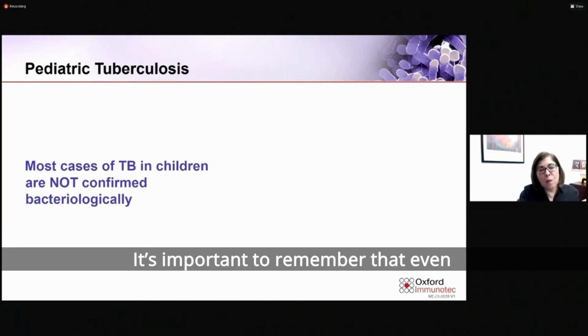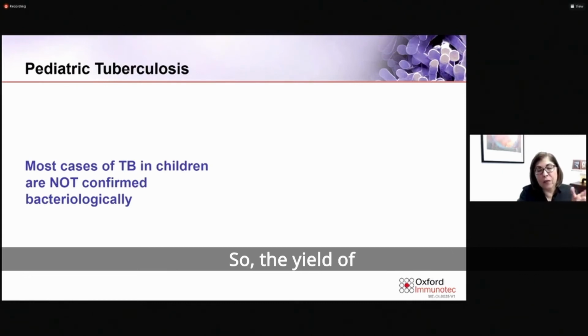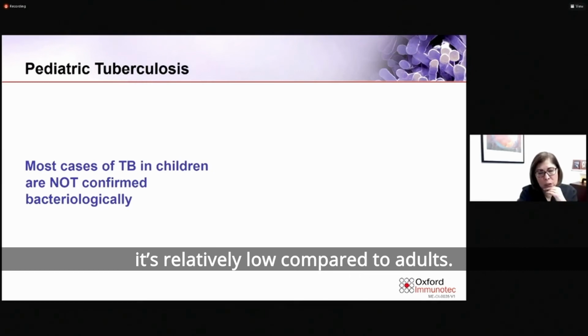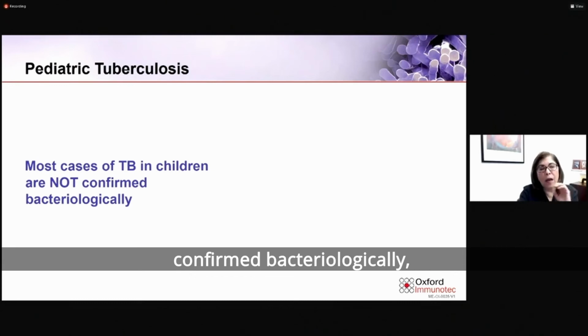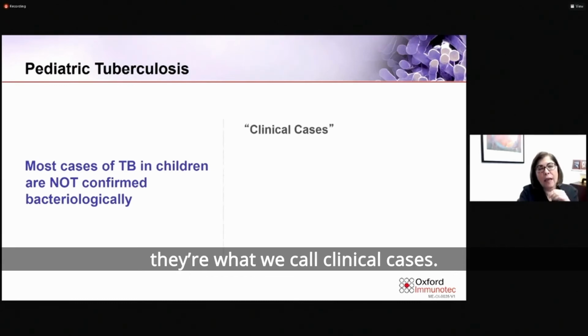It's important to remember that even when you do cultures, many times the cultures are negative. So the yield of these cultures in kids is relatively low compared to adults. So most of the cases in TB are not confirmed bacteriologically. They're what we call clinical cases.